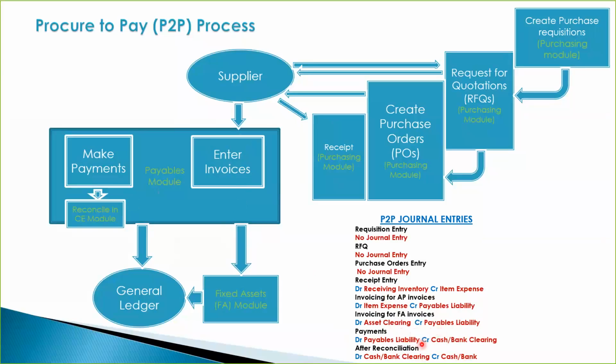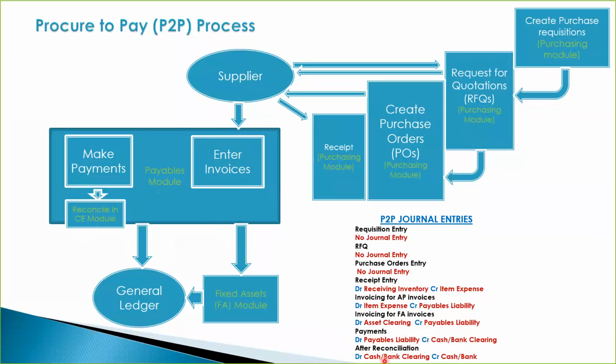That's why it's a credit. Please note that a clearing account is not a permanent account, and it will be offset after the reconciliation is done in the cash management module.